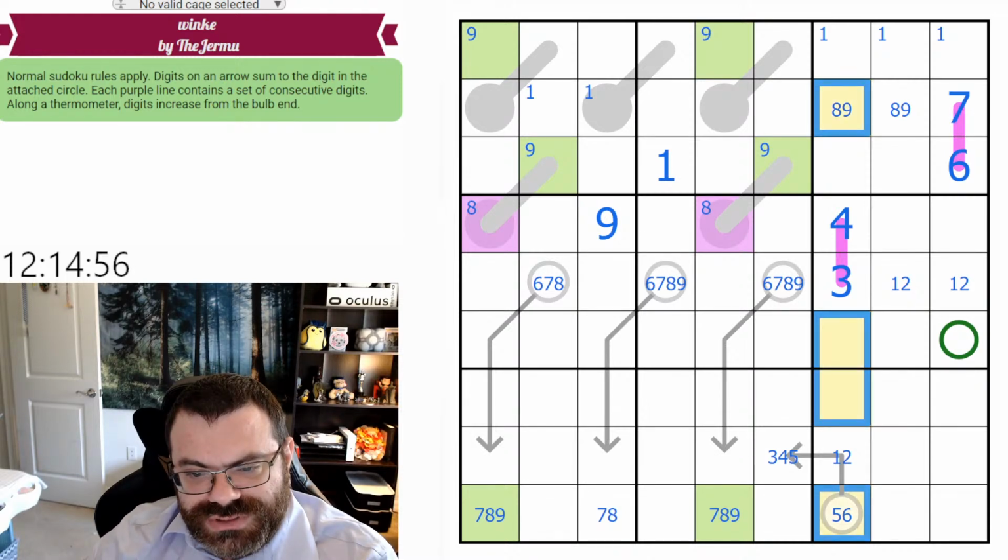I'll make those yellow. So 6, 7, 8, 9 can only go in the yellow cells in column 7.